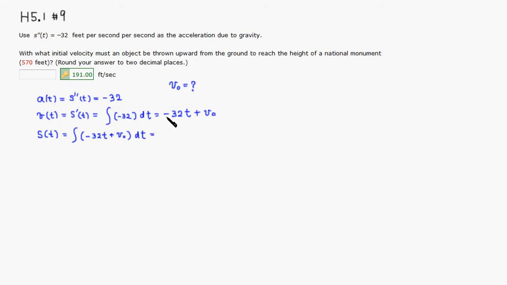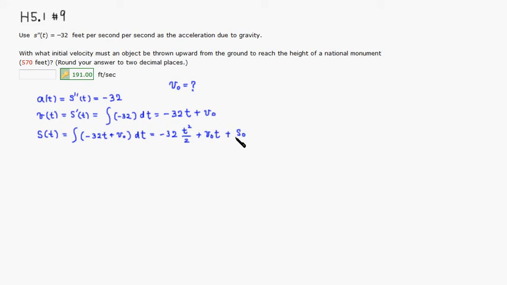You can see that negative 32 is just a constant. The antiderivative of t is t squared over 2, and the antiderivative of v0 is v0t. Then you have the initial position, some constant s0. It says an object is thrown upward from the ground, which means s of 0 is 0 anyway.